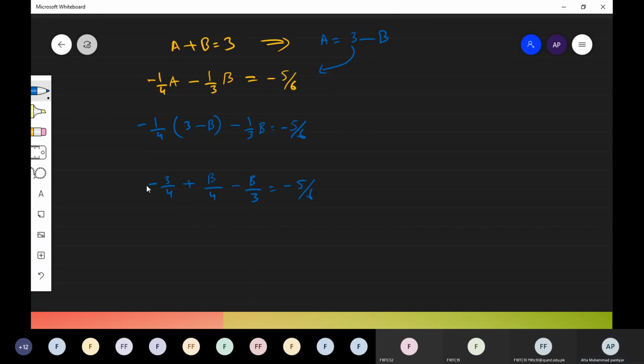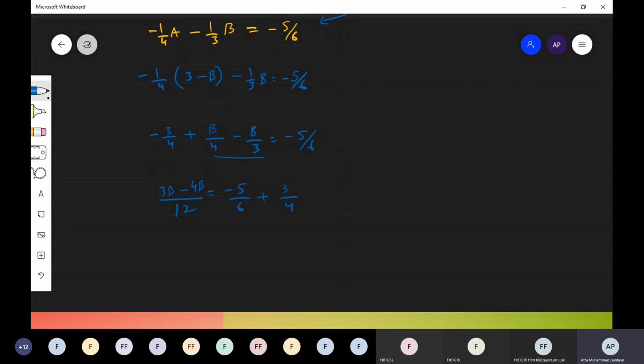Now take this value to that side. The LCM of these is 12, so this must be 3B, because 12 divided by 4 is 3, so 3B minus 4B is equal to minus 5 upon 6 plus 3 upon 4, right?